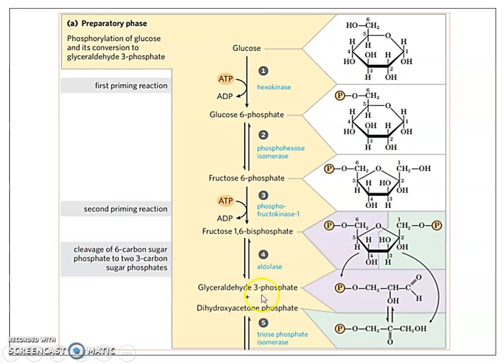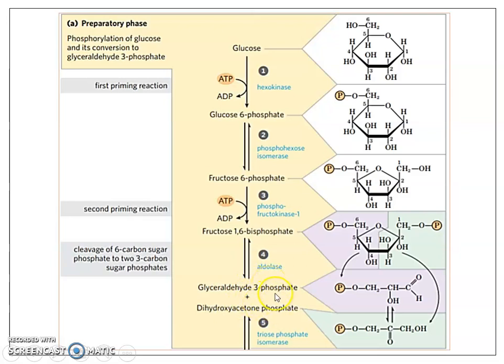Again, these two can be isomerized, that is, dihydroxyacetone phosphate can get isomerized to produce glyceraldehyde 3-phosphate. This is done with the help of triose phosphate isomerase, the interconversion of the two triose phosphates.